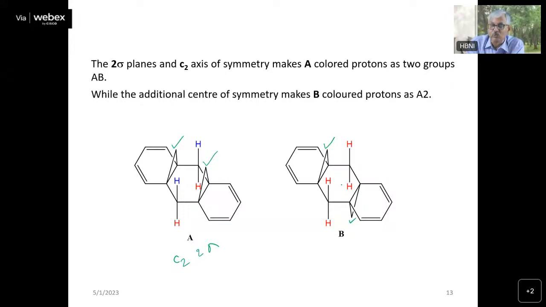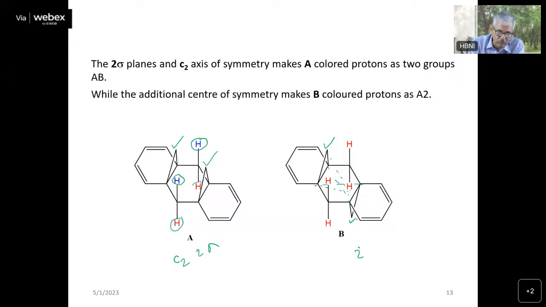But in this other case, you will see an additional element, the i, a center of symmetry. You can connect these points this way. So that's why you will see that these two hydrogens in this particular case are equivalent.